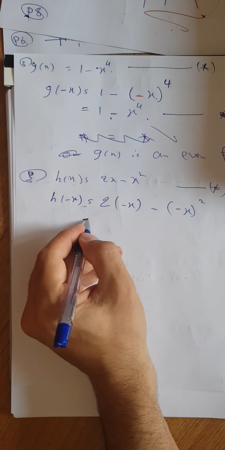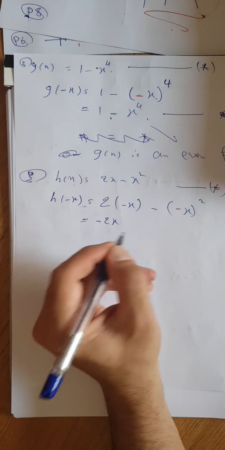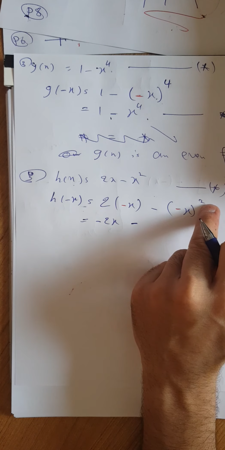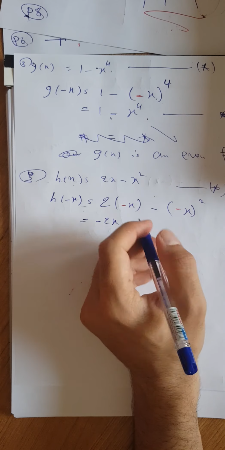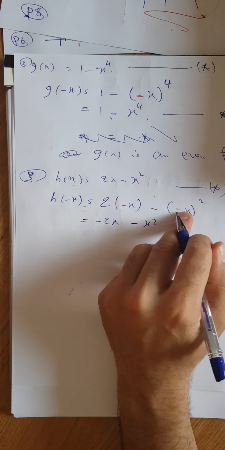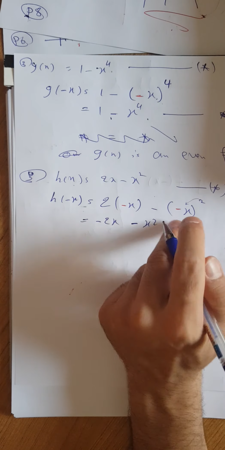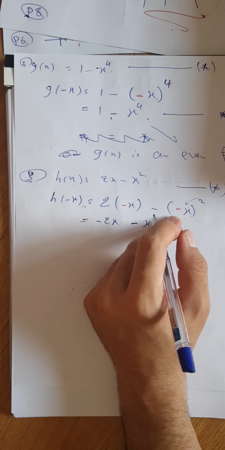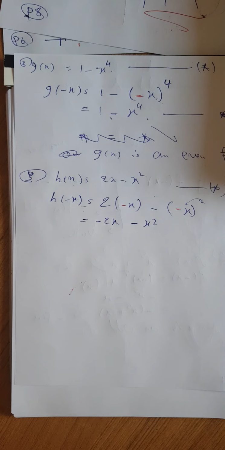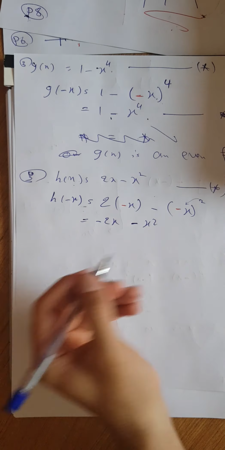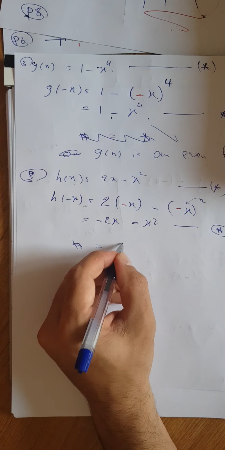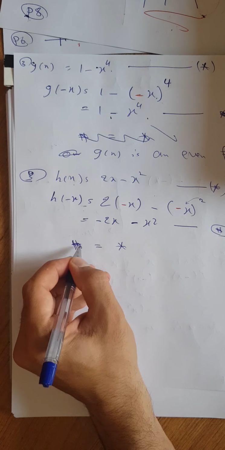Because this one is negative, I get negative 2x, and because I have a square here, I get just x squared. The square will change the negative to a positive. So I am asking the question again.